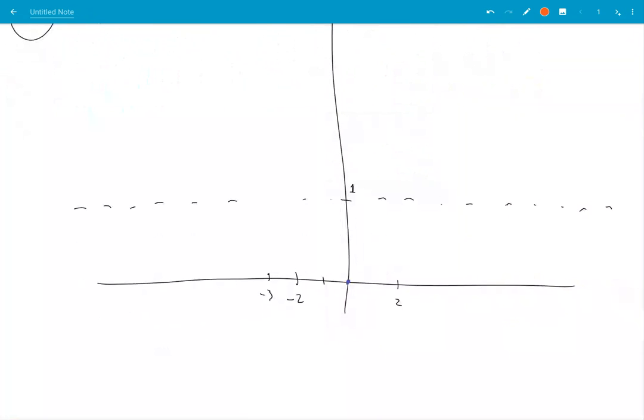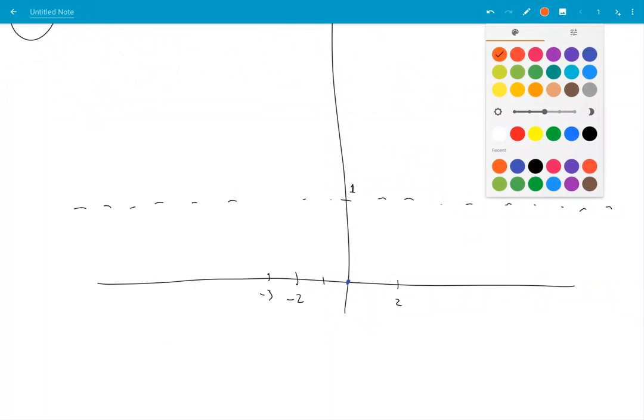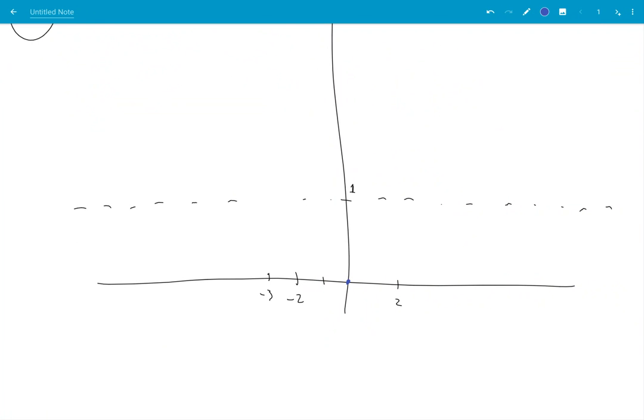This is going to be a bit awkward to draw. So it was -2 and 3/4. That's roughly, well, I'll say there. And -3 and 7/9 is a little bit higher.